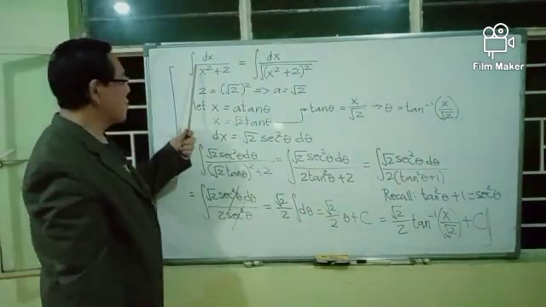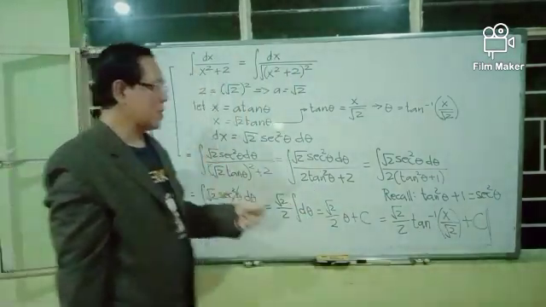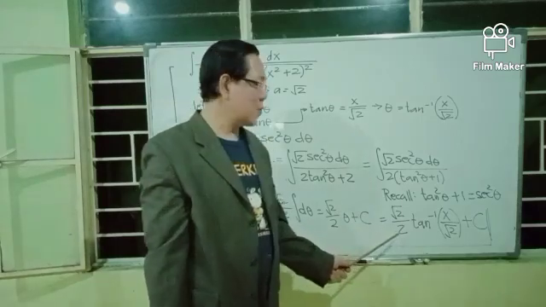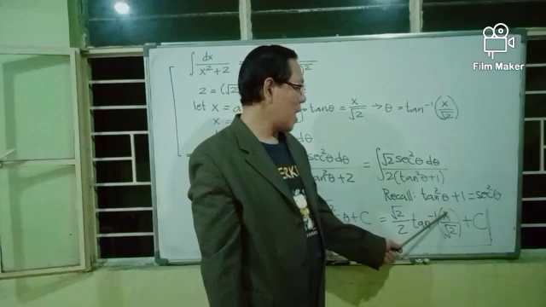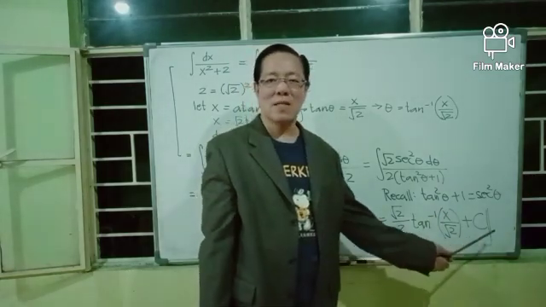Therefore, the integral of dx over x squared plus 2 is equal to square root of 2 over 2 multiplied by shift tangent or inverse tangent of x over square root of 2 plus c.